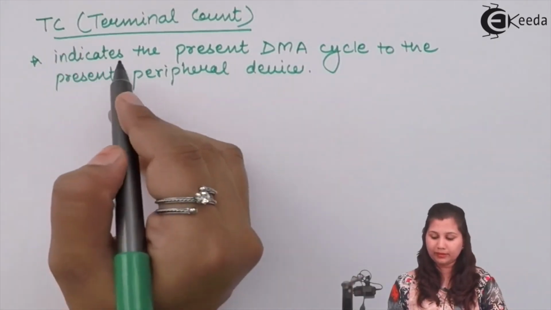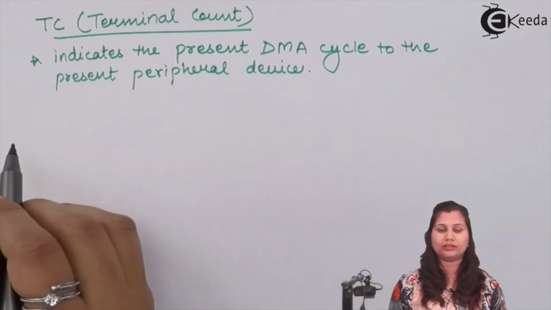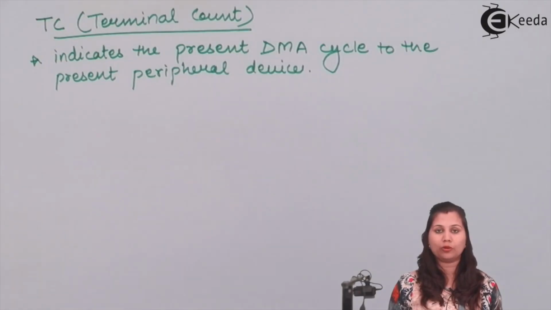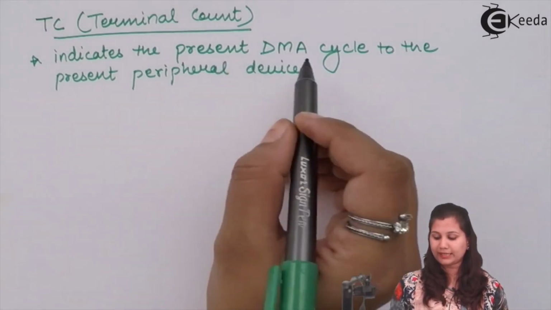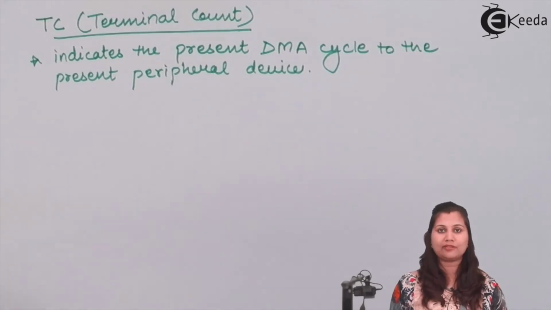The terminal count indicates the present DMA cycle which is going on, whether the DMA is working in master mode or slave mode, and what operation it is presently performing. That is indicated by the terminal count to the peripheral device connected with the DMA.